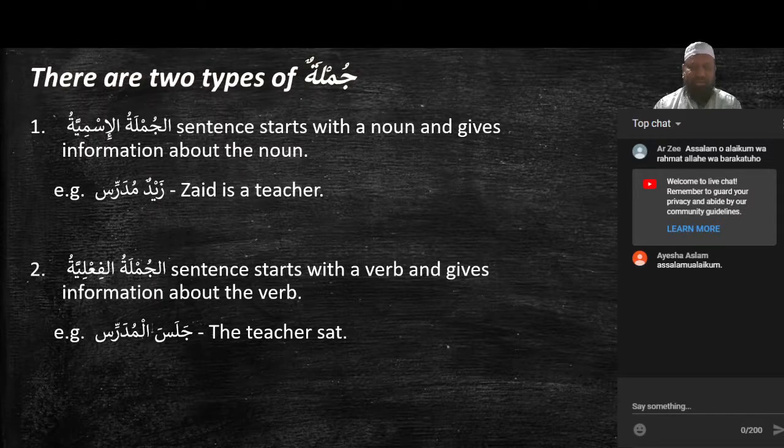A sentence starts with an ism and gives information about that ism. Number two, al-jumlatul fi'liyatu. A sentence starts with a fi'l and gives information about that fi'l. Who is doing it? On whom the action took place, etc.